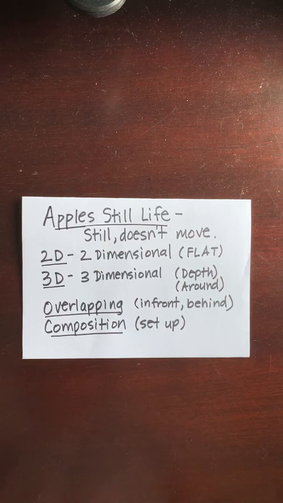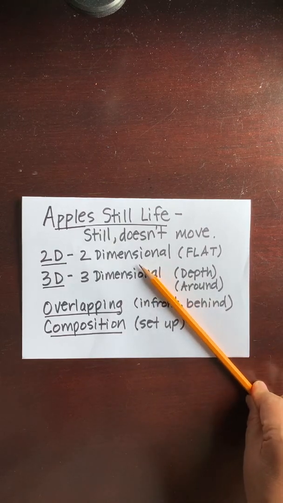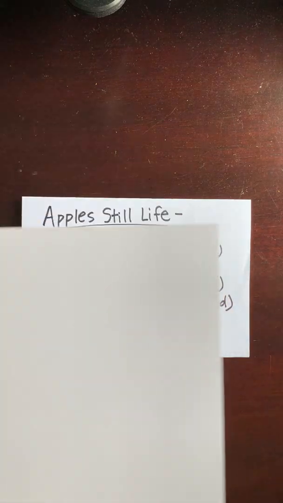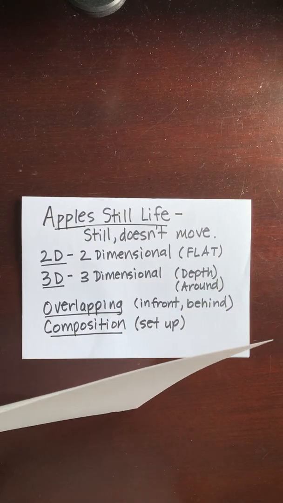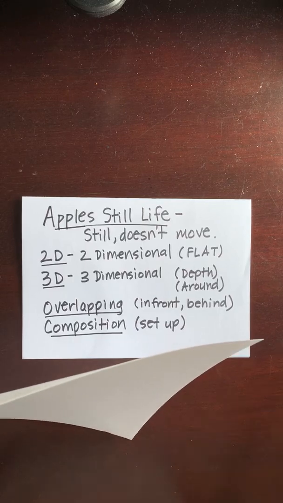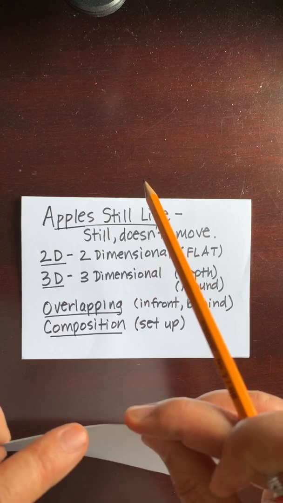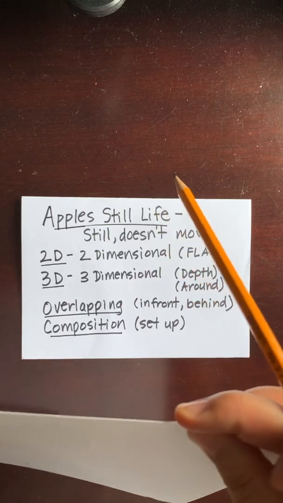Our second word is 2D or two-dimensional. Two-dimensional means flat. So for instance, this paper is flat. Well, it's technically not completely flat because it does have a bit of depth here.